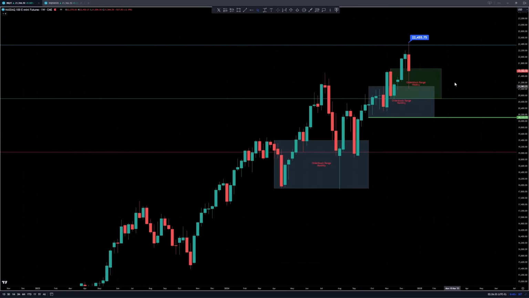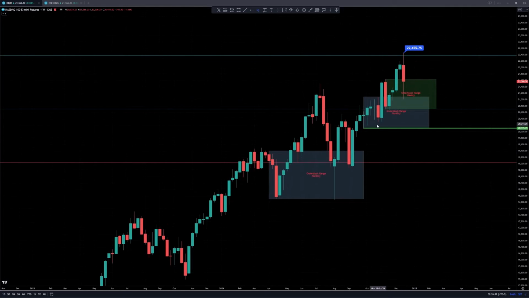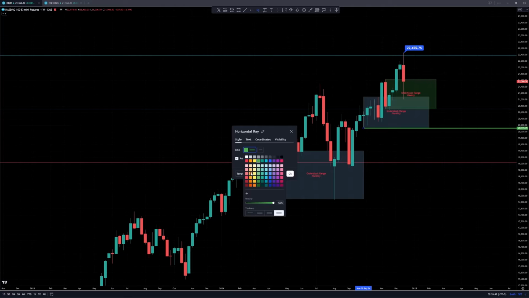Okay, so now on the weekly, I hope that we will not break below it. I'm going to make the monthly one gray so that we see it's monthly.